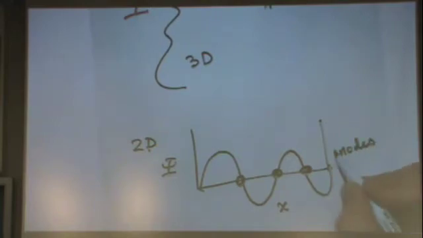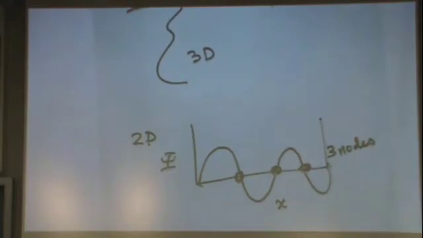Nodes are where it intersects what? The x-axis, yeah, so this would be psi, and this would be the x-axis here. So there are 1, 2, 3 nodes. So the number of nodes are just where it intersects the axis. There's 3 nodes here, in this case.